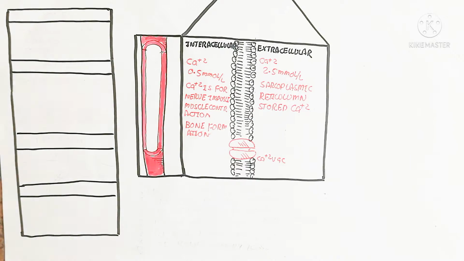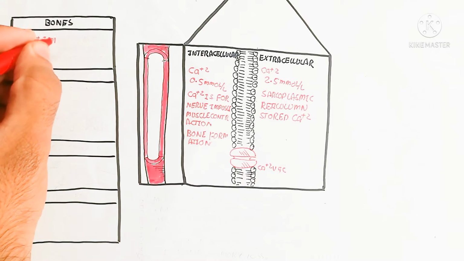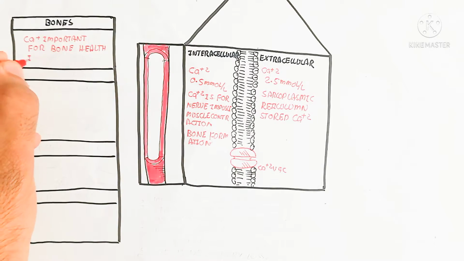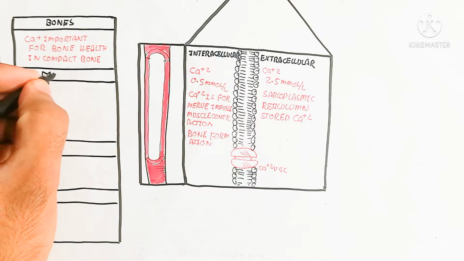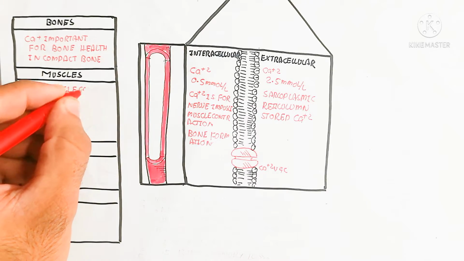So the intracellular calcium is less compared to the extracellular calcium, which means the extracellular cation is the major one, like sodium.